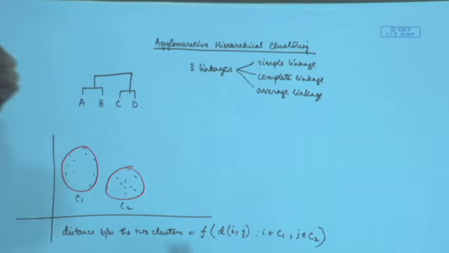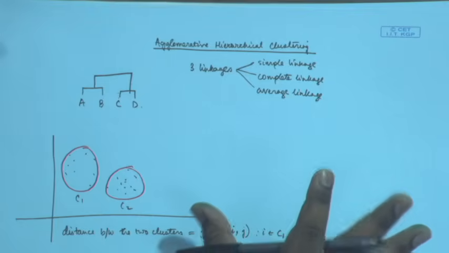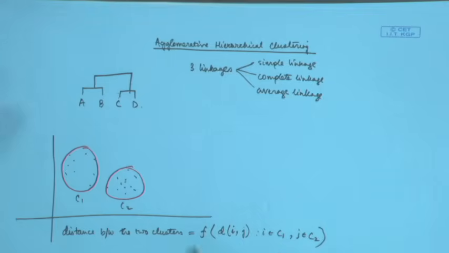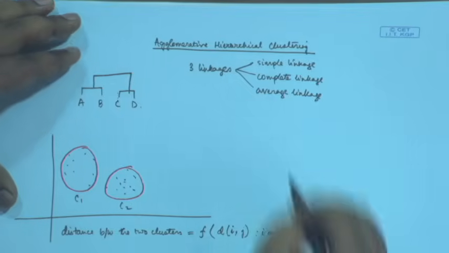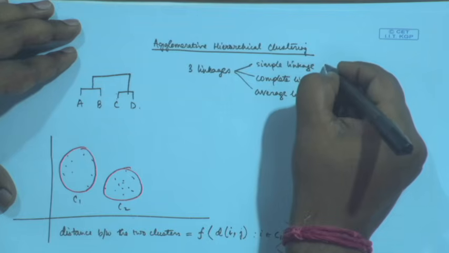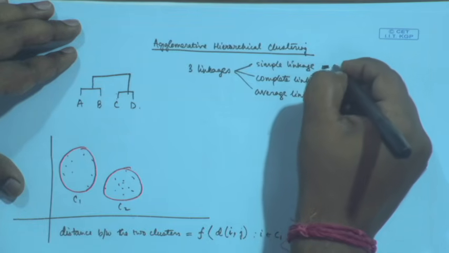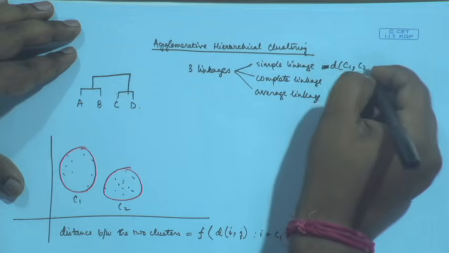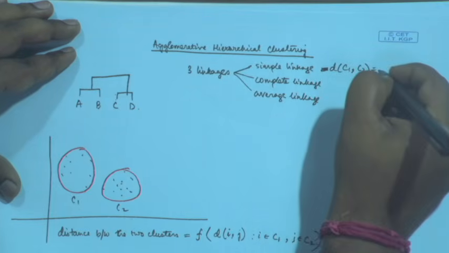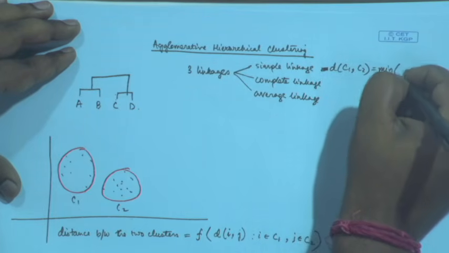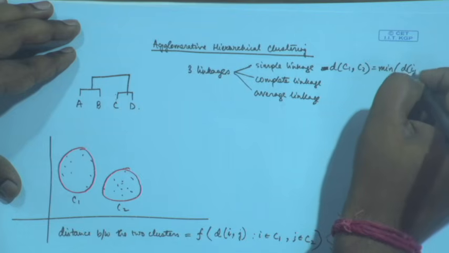You want to calculate the distance between the two clusters as a function of the pairwise distances among the points in the clusters. The single linkage algorithm calculates the distance between C1 and C2 as the minimum of the dij's.